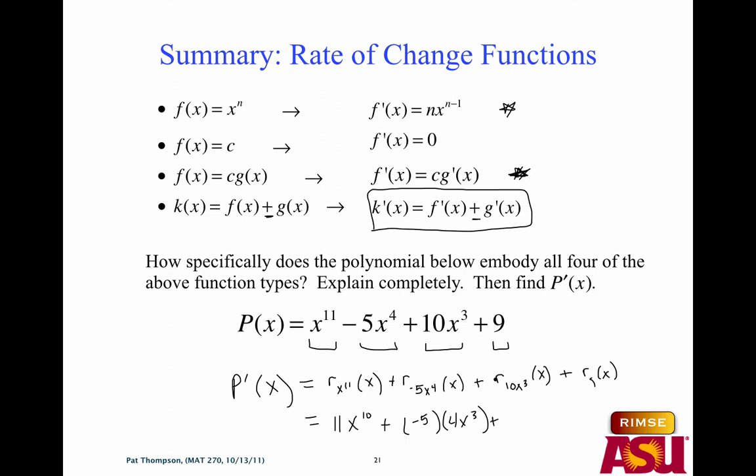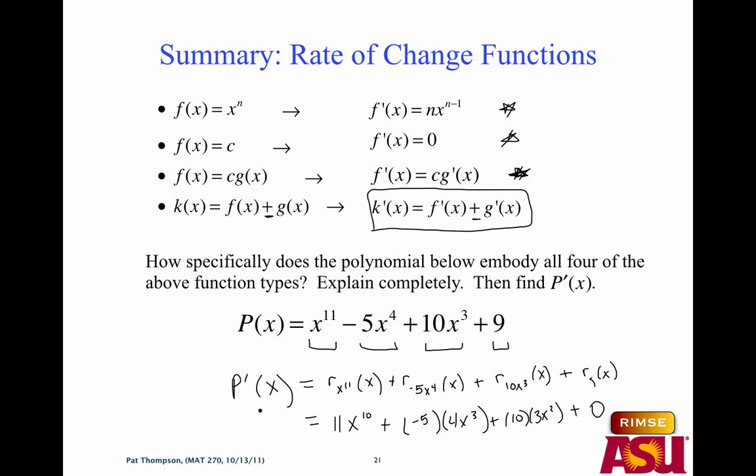Likewise, for the rate of change of 10x cubed with respect to x, I've got a constant times x cubed, so I'm going to leave the constant and multiply by the derivative of x cubed. For the last term, the rate of change of 9 with respect to x, I'm taking the rate of change of a constant function, and that is 0.